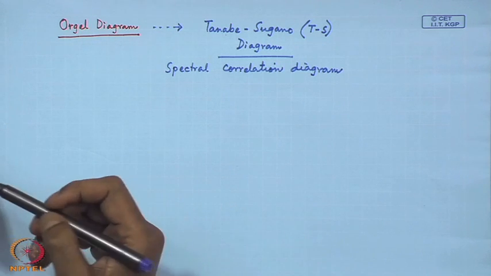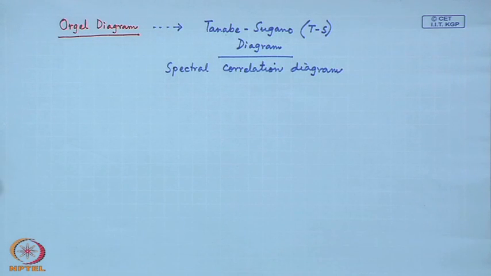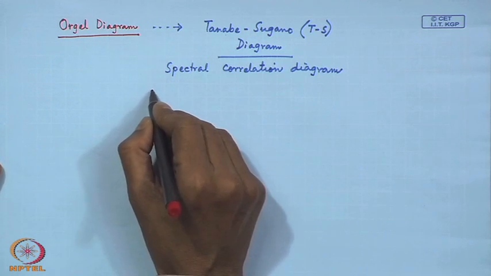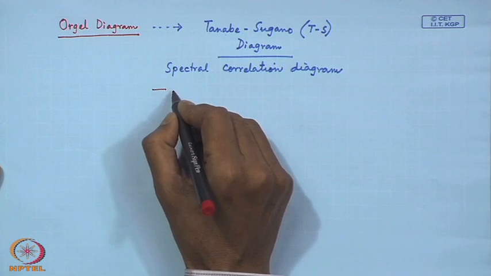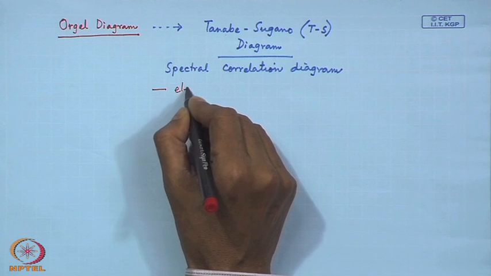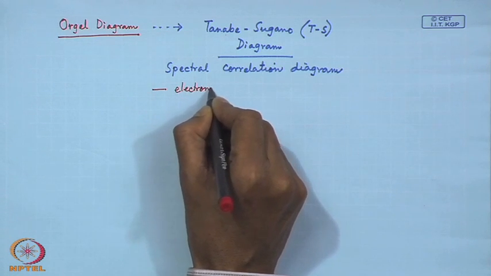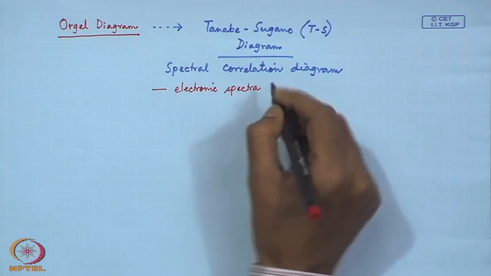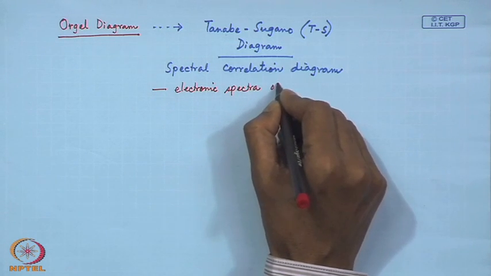And this particular one is very much useful in the interpretation of electronic spectra. So, we are still with the interpretation of the different electronic spectra of coordination compounds.